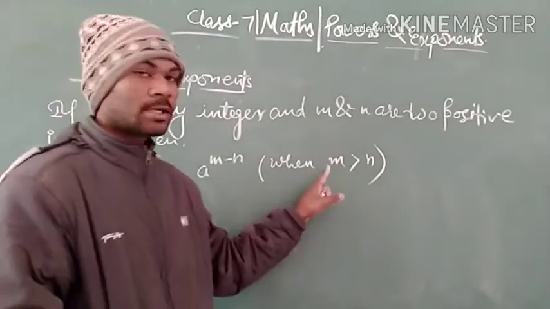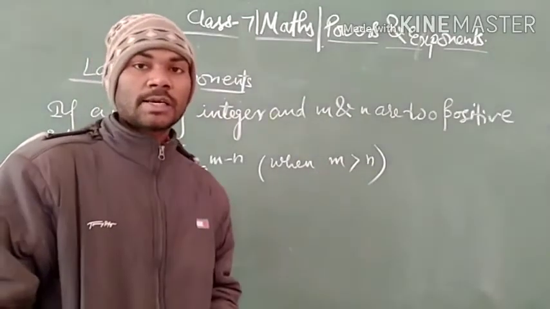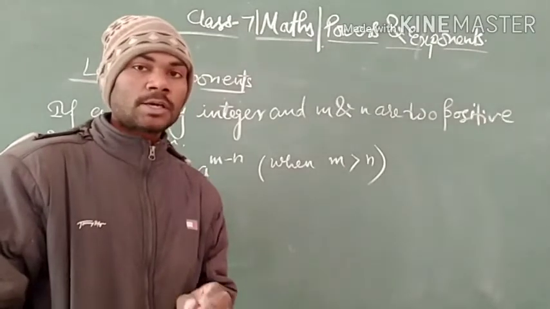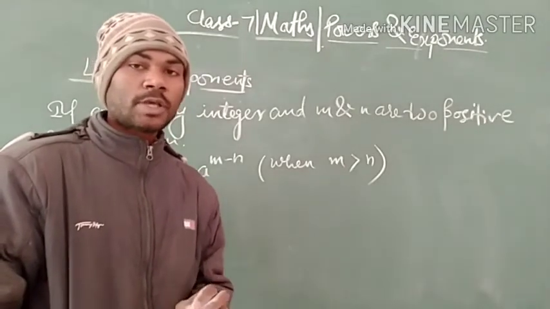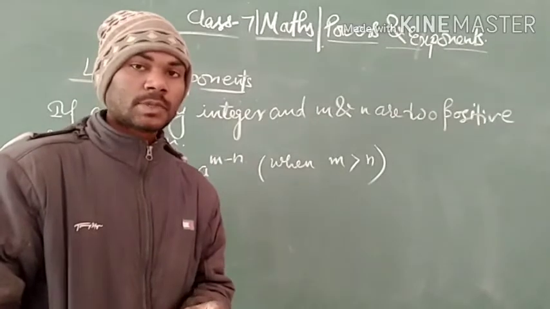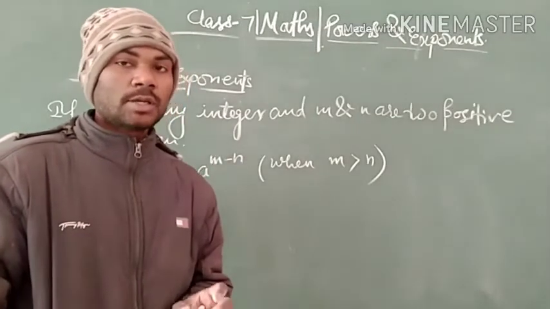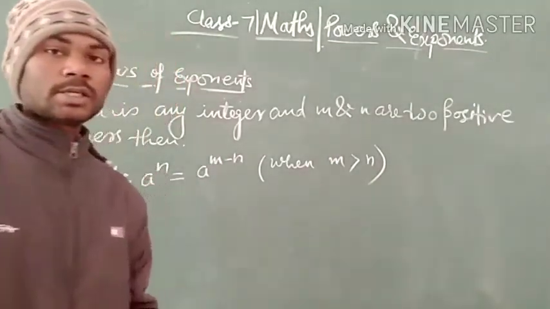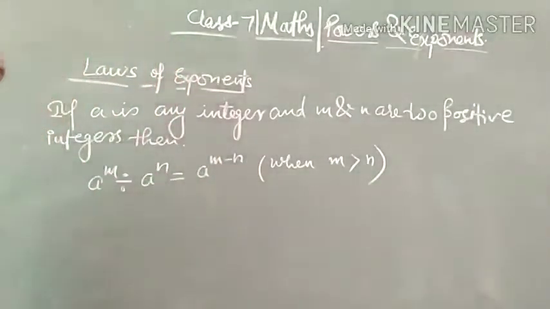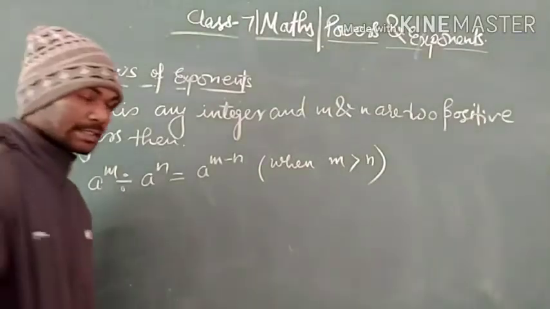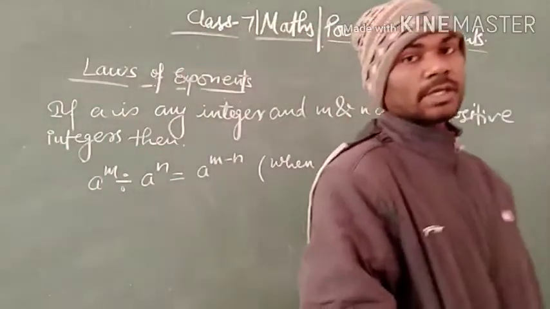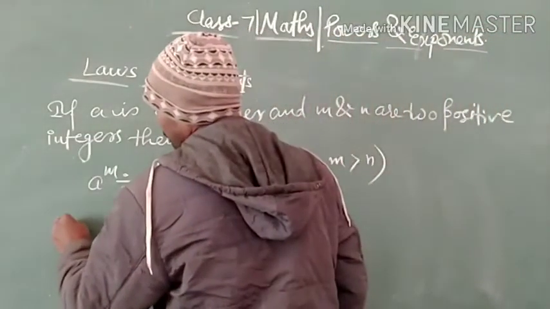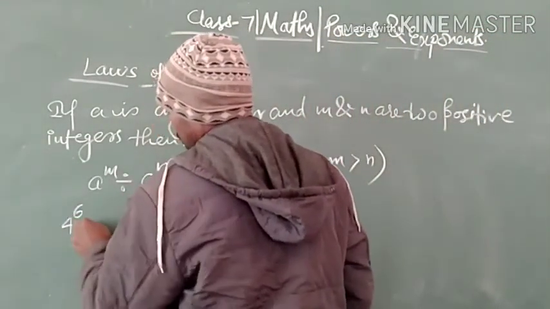Here the condition m is greater than n represents that powers of a number cannot be negative, and therefore this condition is applied here. Now let us see how it is so by an example. So let's take the previous example.